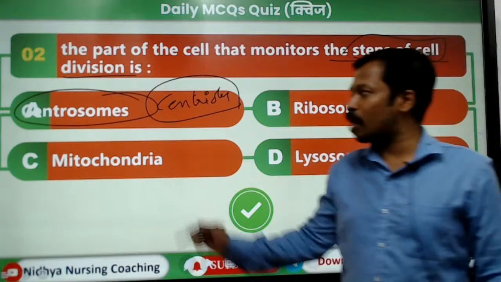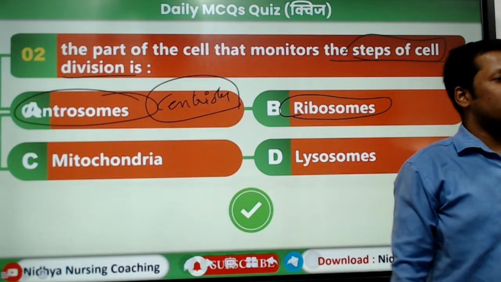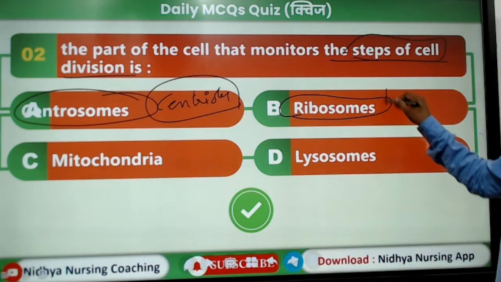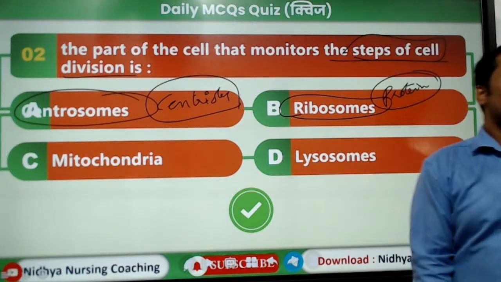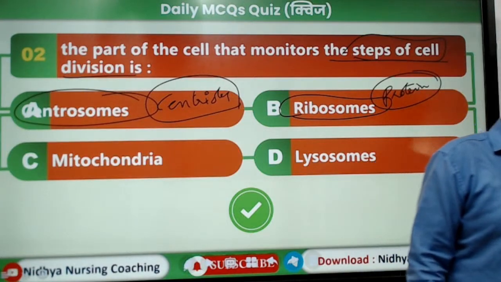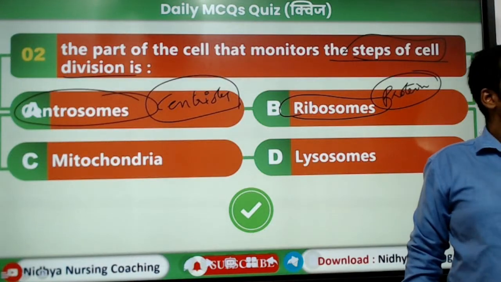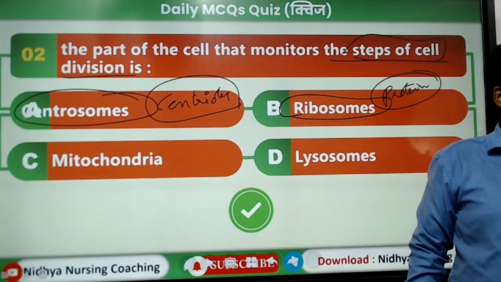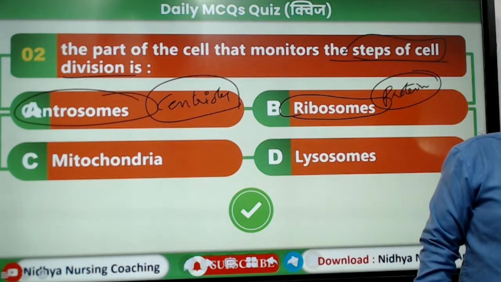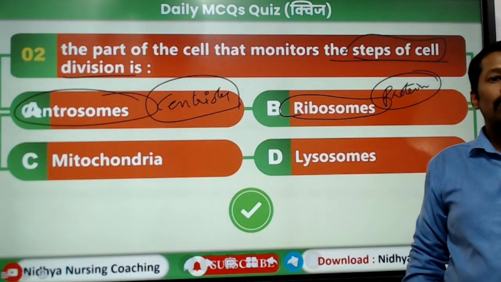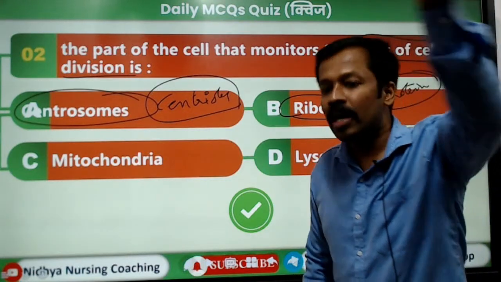Okay, so how about ribosomes? What is the function of ribosomes? Ribosomes have the function of protein synthesis. Then the endoplasmic reticulum, which has two types: smooth endoplasmic reticulum and rough endoplasmic reticulum.